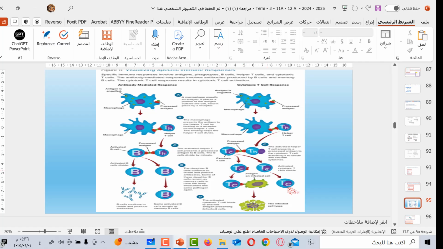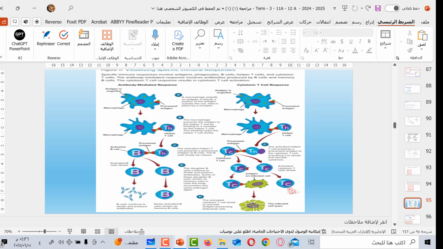In T, the response also gives us two kinds. Some T cells produce a toxic substance called cytotoxin, which kills the pathogen around the cell. This is a chemical toxin.